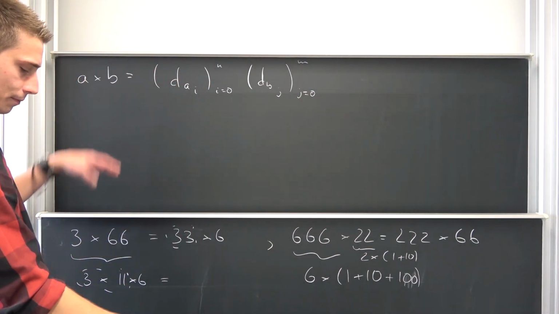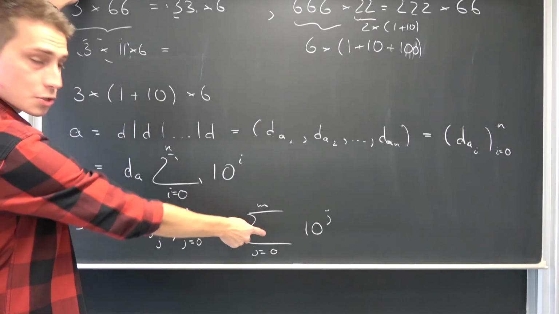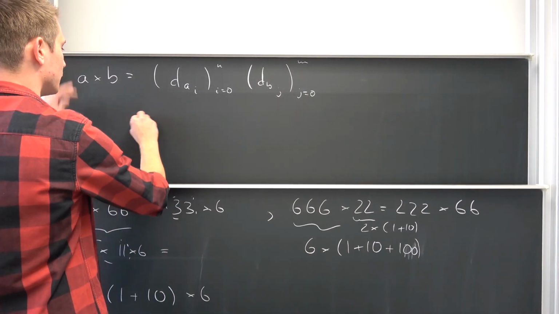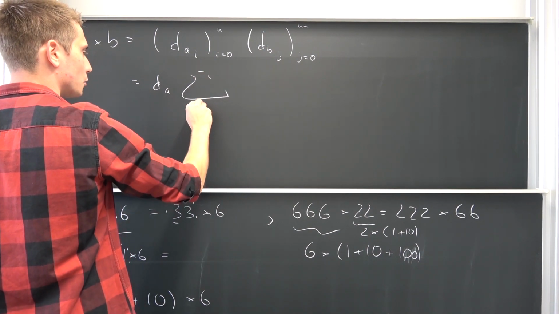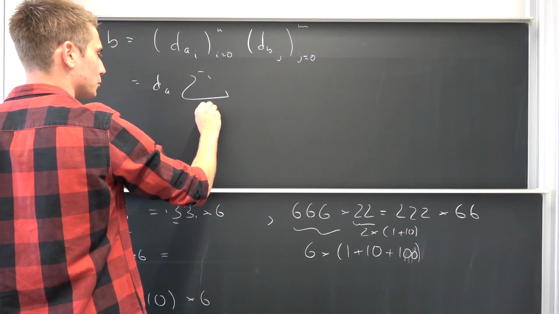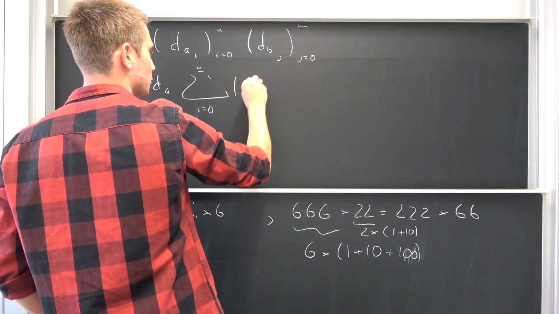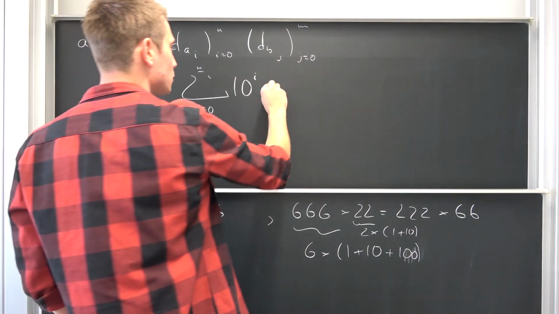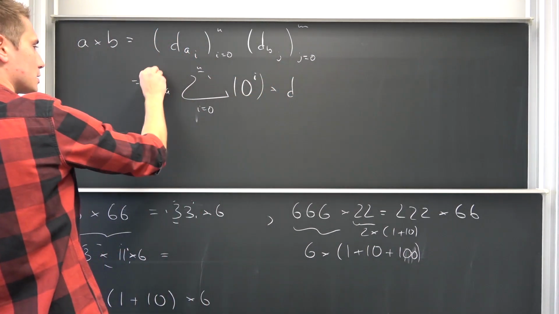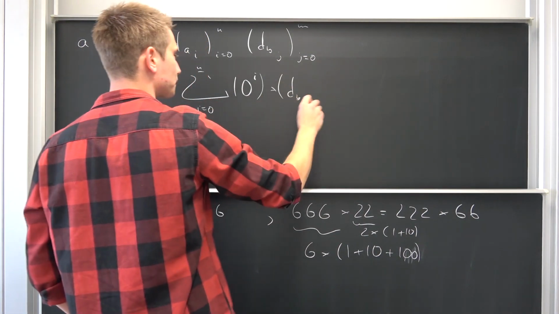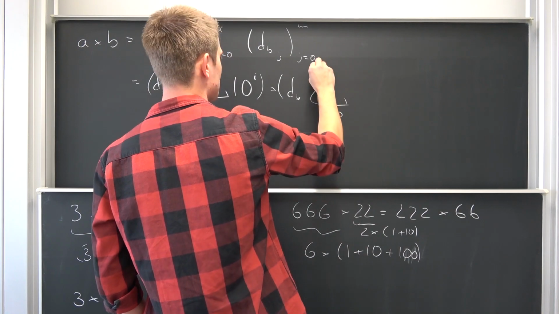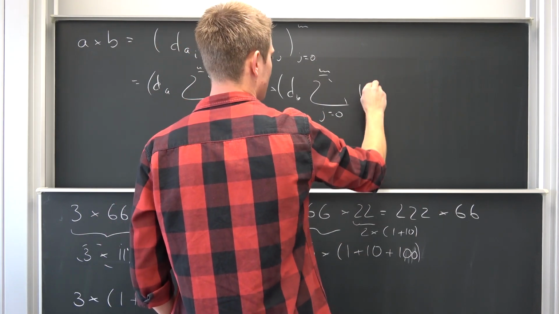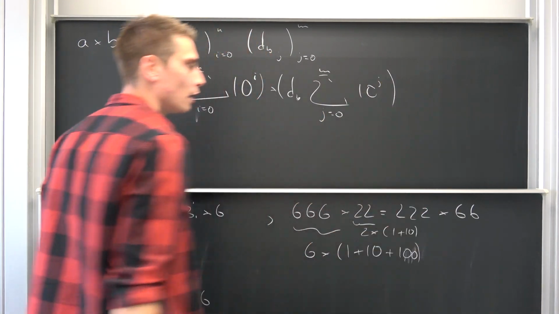But on the other hand, it's just those two sums multiplied together, leaving us with dA, sum ranging from i being equal to 0 to n, 10 to the i-th power, and also times, I'm going to put this into parentheses, dB, and then our summation from j being equal to 0 to m, and then 10 to the j-th power.